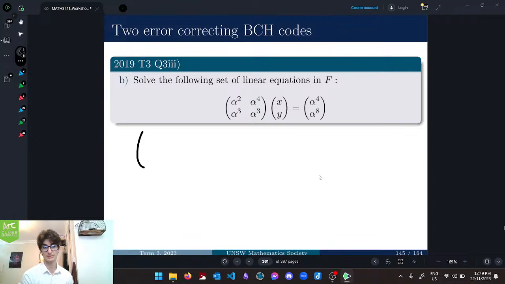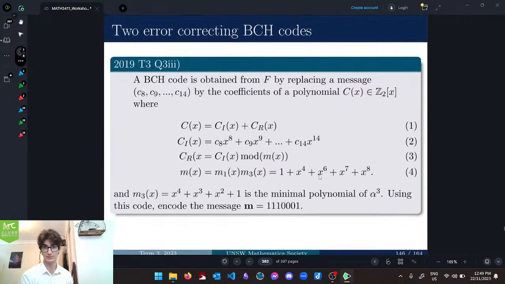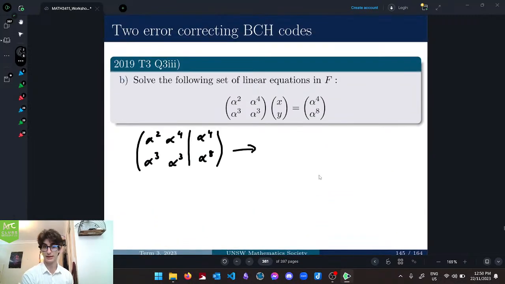We know that this is going to be alpha squared, alpha to the 4, alpha cubed, alpha to the 4, alpha to the 8, which goes to, now let me just check, did I include the solution properly? BCH code is obtained from message polynomial of alpha cubed using its message. Yeah, no, I didn't include it.